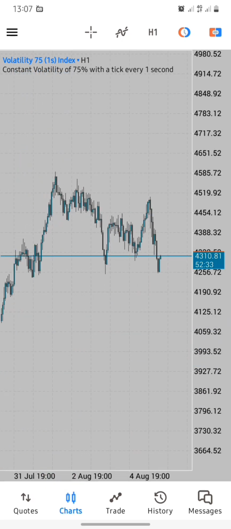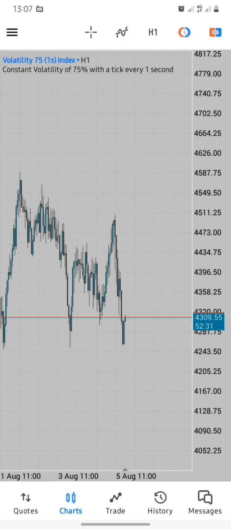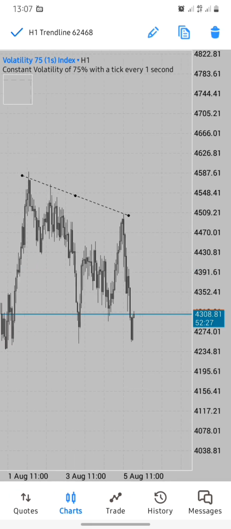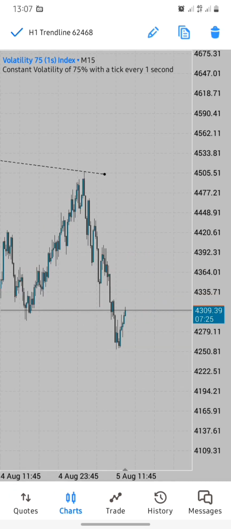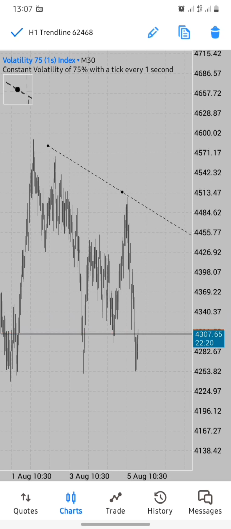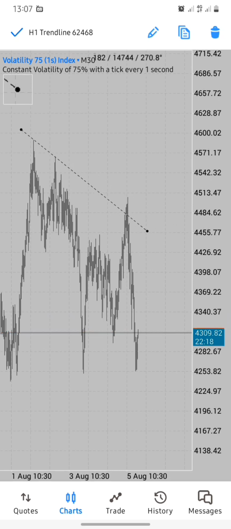Okay, I've spotted a good market here. This Volatility 75 (1s) index, and remember that when we are drawing our trend line, it must have two touches. So let's draw our upper trend line first.